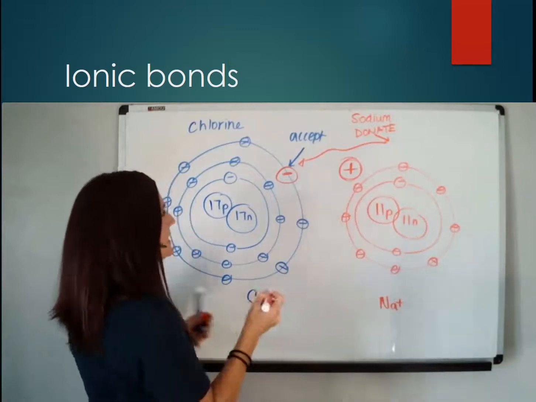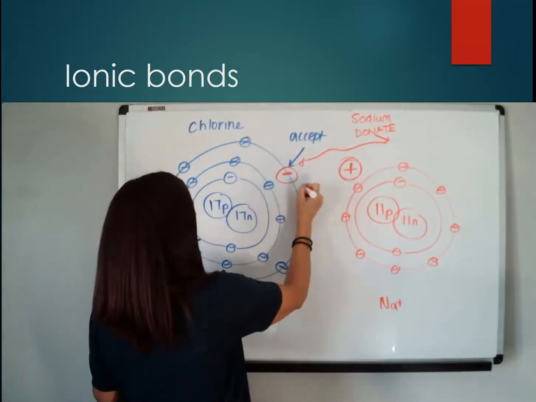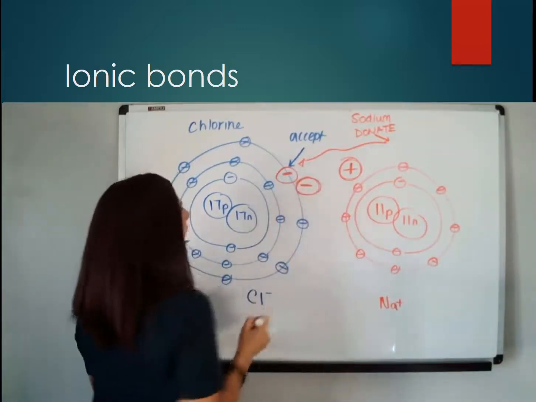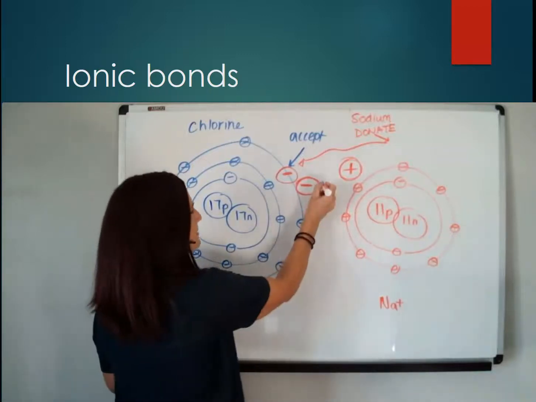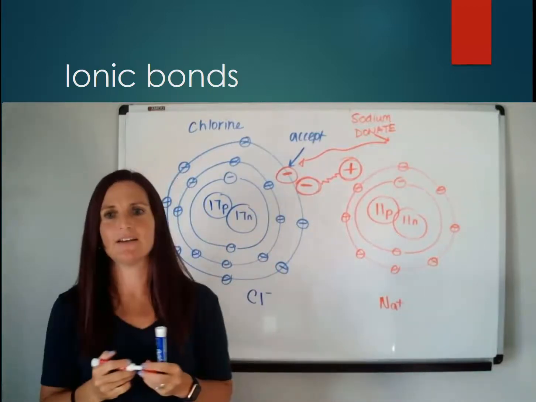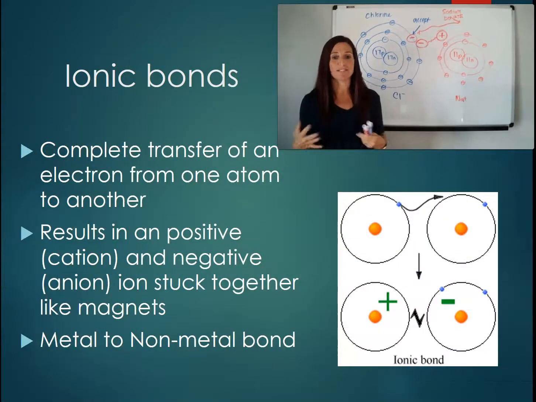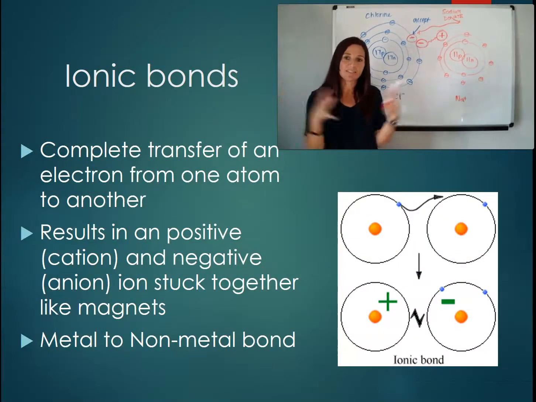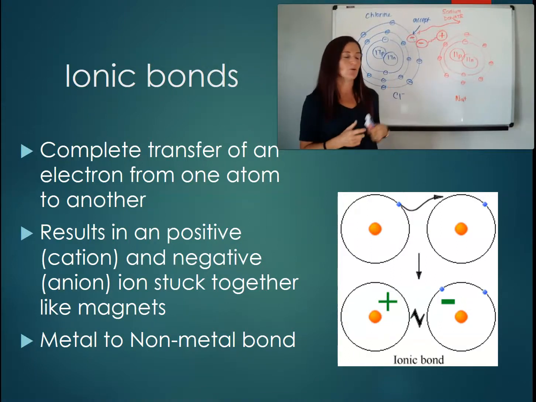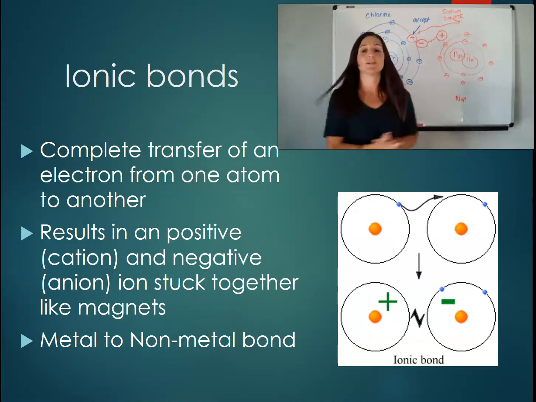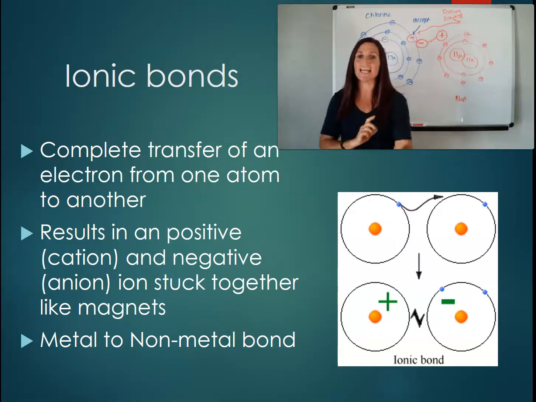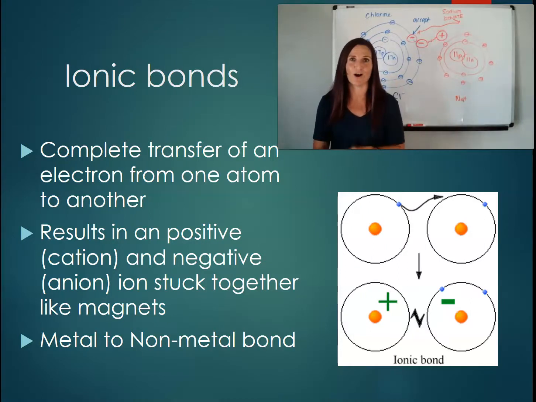And it makes this chlorine negative. And then what happens is the positives and the negatives start to attract. Opposites attract. And so we start to see this sticking together like magnets in order to make an ionic bond.